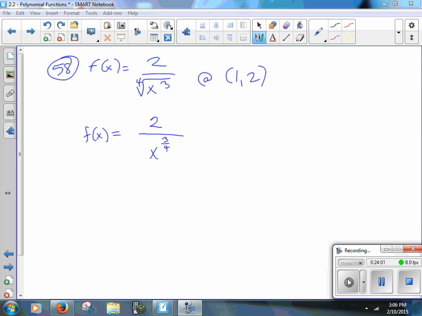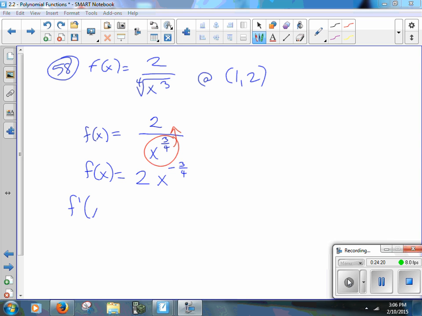I can take it to the top, and that's the only way I can use the power rule. So I'm going to rewrite it again as 2x to the... What's going to happen when I move it? Negative 3/4. There we go.